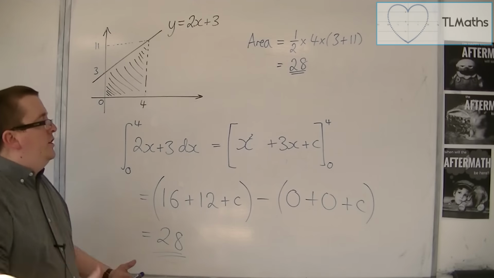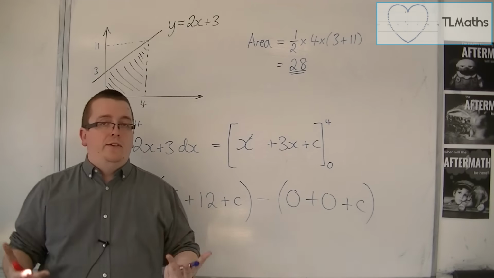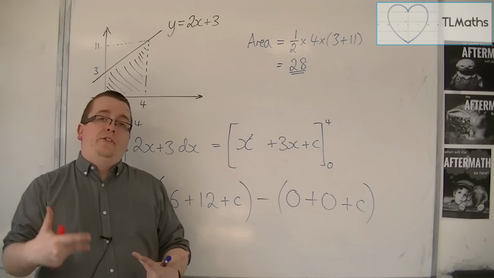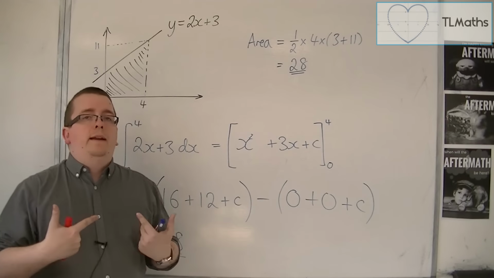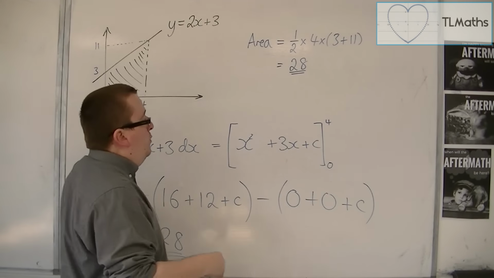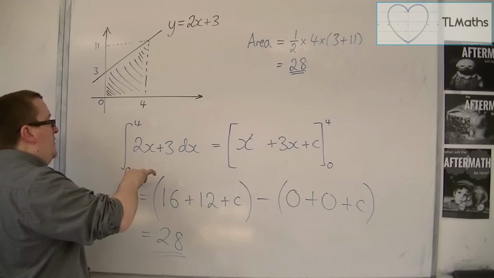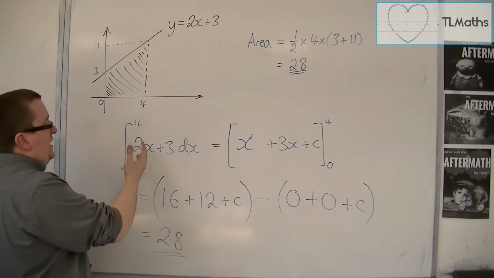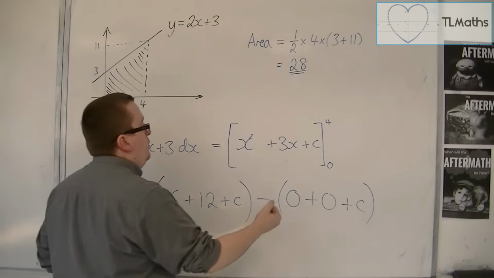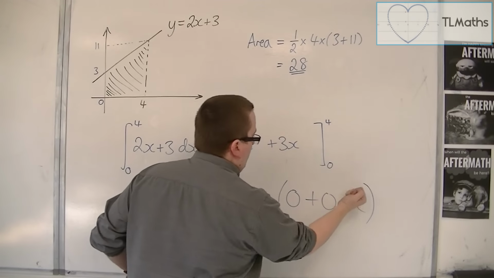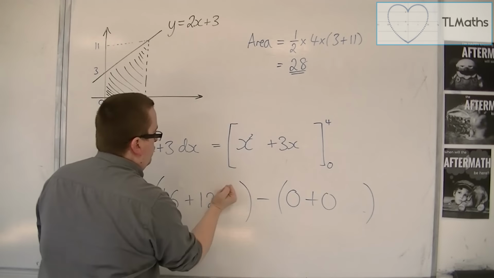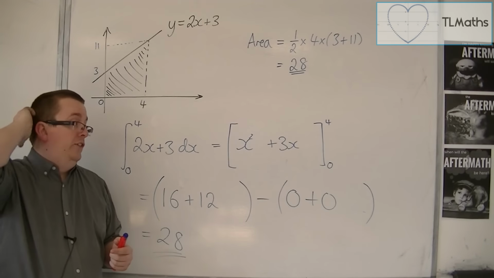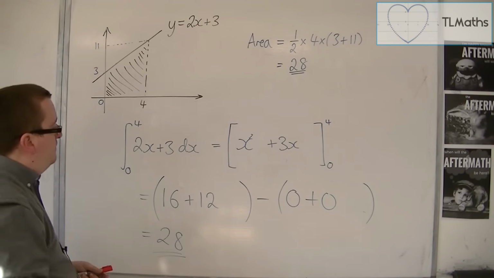And so actually the c's are going to cancel every single time we do this. And so there's actually no point in having the c there. So when we integrate with limits, so we're finding an area or evaluating this integral, we don't bother putting the plus c. Okay, so we're going to get rid of that, which eases up the writing, I guess, slightly.